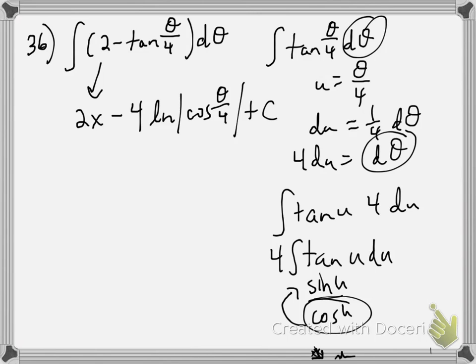Those are just some different trig examples. If you get to one that you don't know how to simplify, like 38, doesn't really follow our rules. So we have cosecant squared over cotangent. When in doubt, let the denominator be your u value and see if something works out.